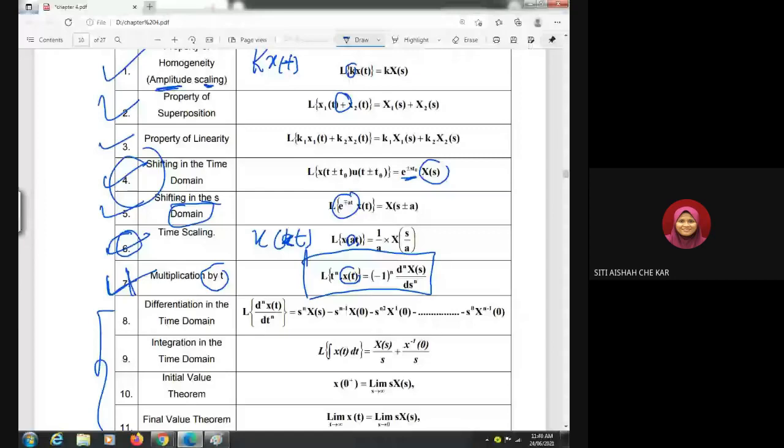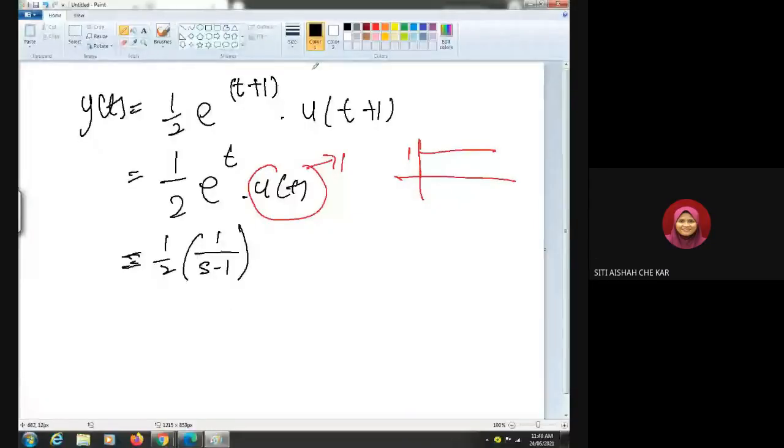So ambil Laplace ni darab dengan eksponen S. Itu je lah jawapan tu. Ataupun nak bagi cantik sikit, dia punya jawapan is 1/2 ni saya tukar jadi 0.5 over S tolak 1 eksponen S.